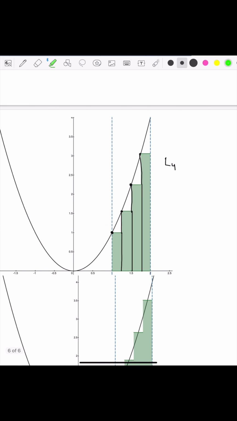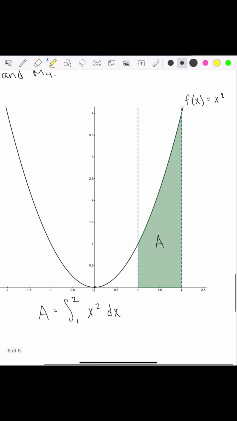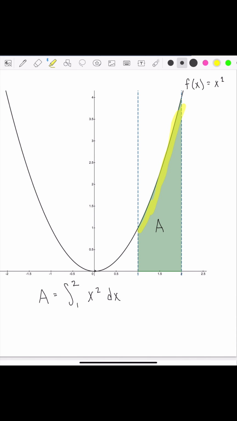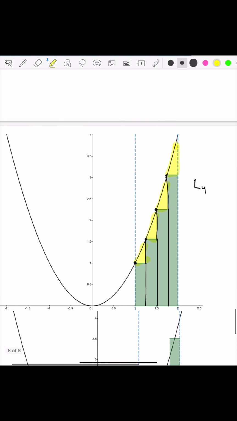We can see in L4 there are some gaps in the area of A. A had all of this included. Let's look back, because remember, A is the integral from 1 to 2 of our function, and the integral is the area below the curve, bounded below by the x-axis and on the sides by the limits of integration, A and B, in this case 1 and 2. All of this in here was included, but when we go down on L4, that area is missing.